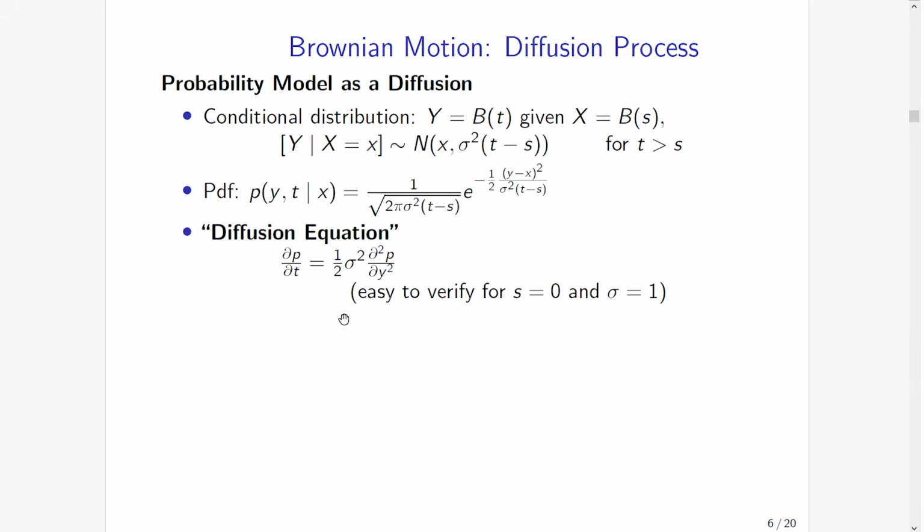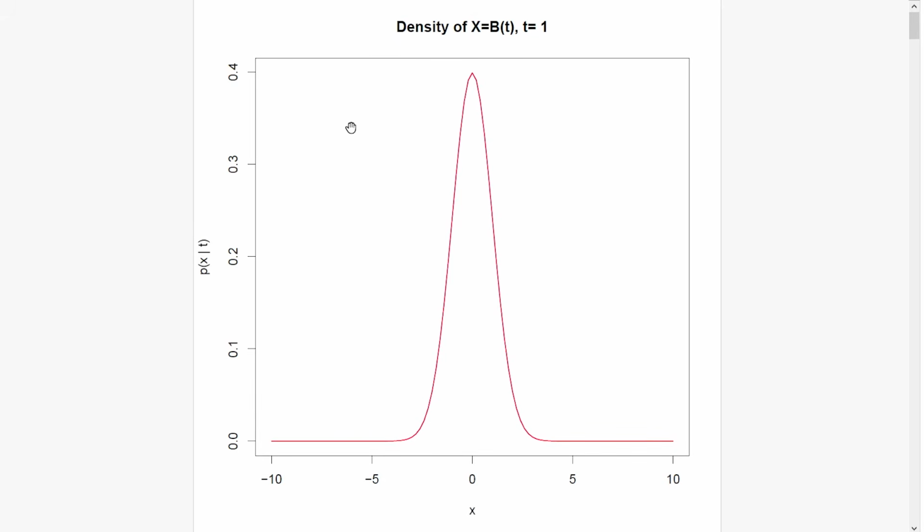This is easy to verify for s equals 0 and sigma equals 1. If we look at this set of graphs, here's essentially the density of y represented by x.